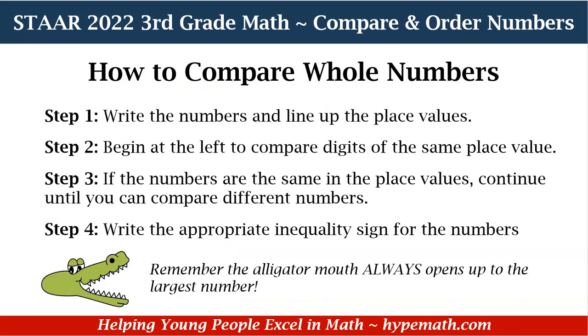Let's discuss and review how to compare whole numbers before we dive into our problems. Step 1, write the numbers and line up the place values. Step 2, begin at the left to compare digits of the same place value.